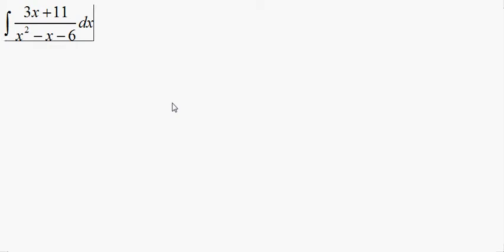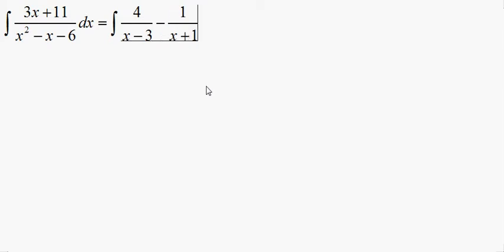So, just as an example of what we're going to get, when you decompose this, you get these two fractions, and if you do the math, this is actually a 2.